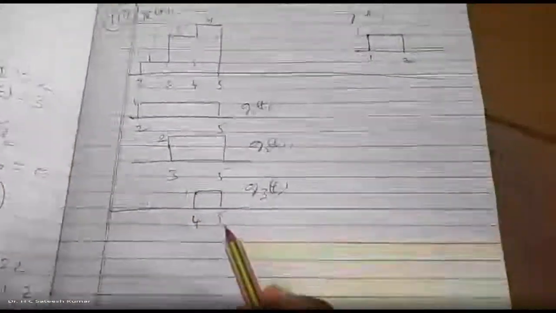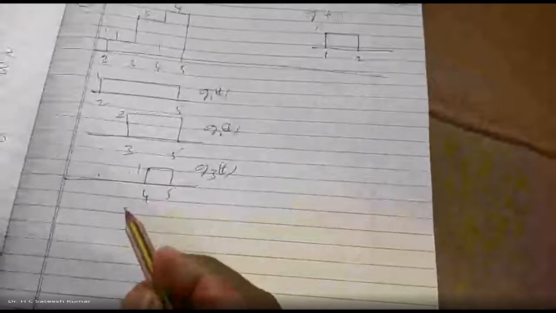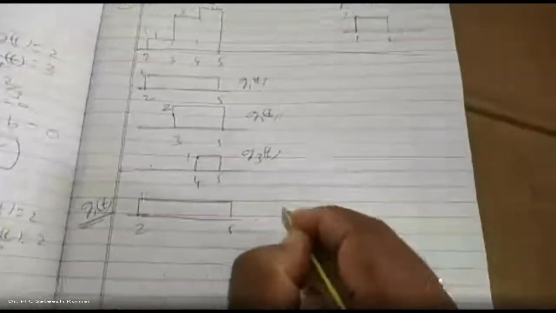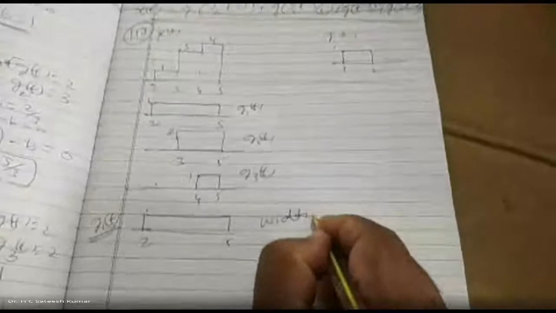So now how to do this? First I'll take up G1 of t. This is between 2 to 5, so directly we can write it. No need to write the diagram once again. Width of G of t is 1, that is 2 minus 1.